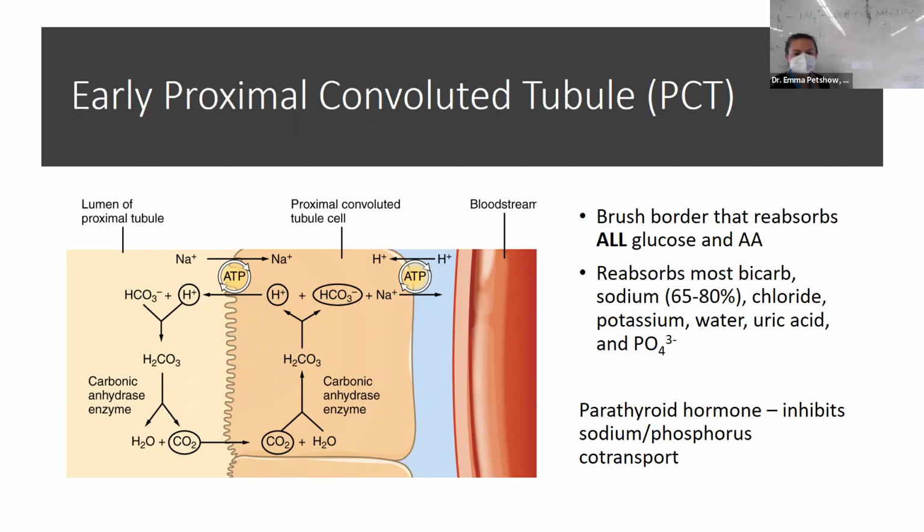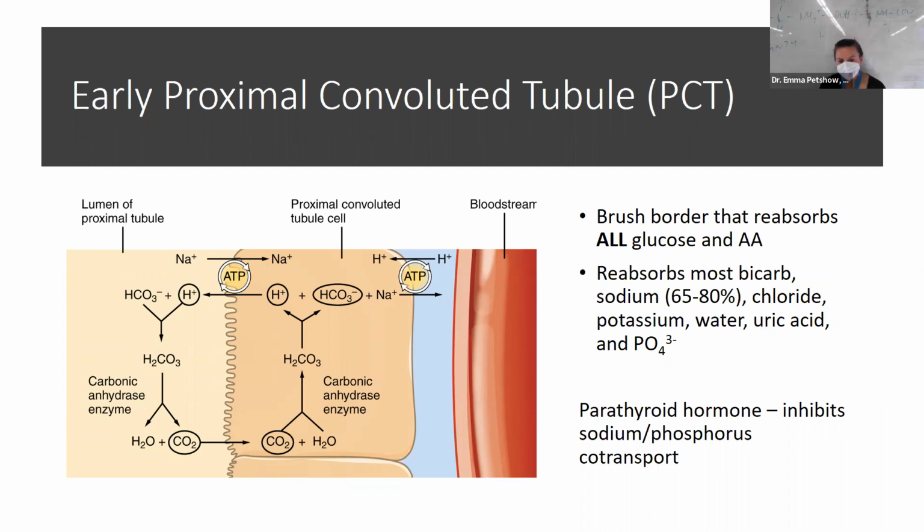And then it's going to reabsorb most bicarb, sodium, chloride, potassium, water, uric acid, and phosphorus. So really, this is our big absorption center. We are trying to keep as many micronutrients, as many of our minerals and electrolytes as possible. And it all starts with the proximal convoluted tubule. So when in doubt, the majority of your sodium is reabsorbed here. Water is also reabsorbed here.